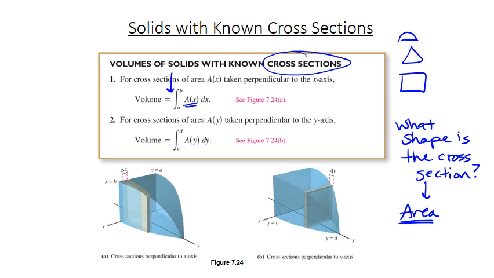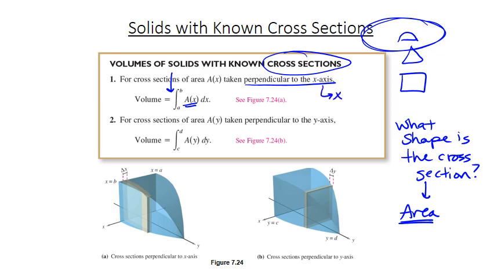Now notice that when we are finding the volume of solids with cross sections, please notice the absence of pi. We don't have a pi there unless our cross section involves a circle or a semicircle, because the area of a circle or a semicircle involves a pi. Now remember, if our cross sections are perpendicular to the x-axis, everything is in terms of x.